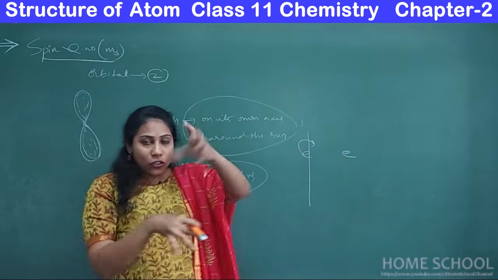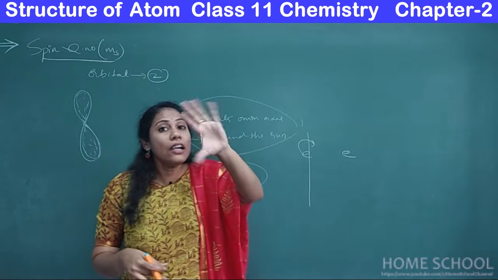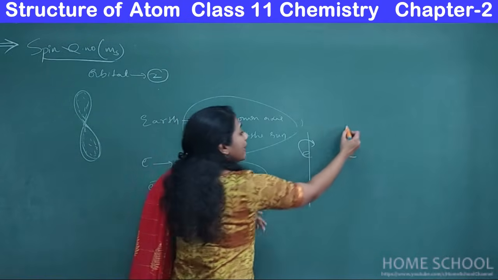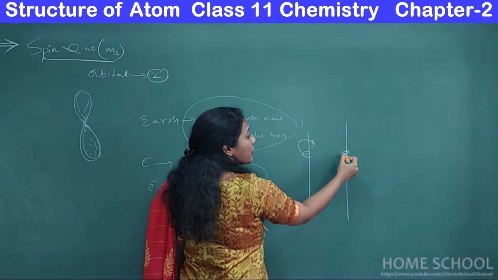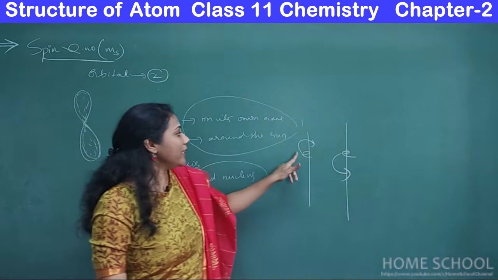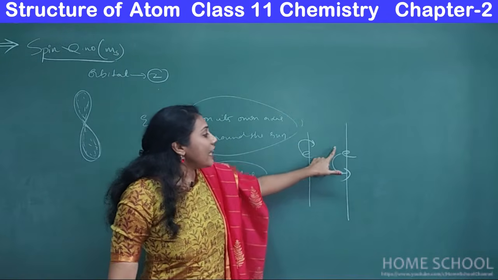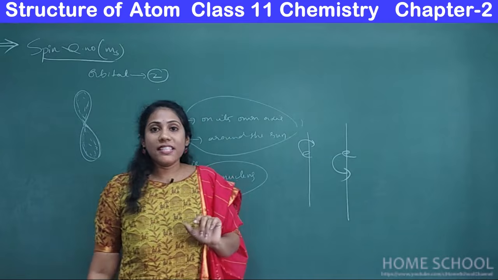I'm talking about rotating around the axis. So if one electron rotates in a clockwise direction, the other electron on its own axis rotates in an anti-clockwise direction. You can observe here, right? One is rotating in a clockwise direction, the other is rotating in an anti-clockwise direction.